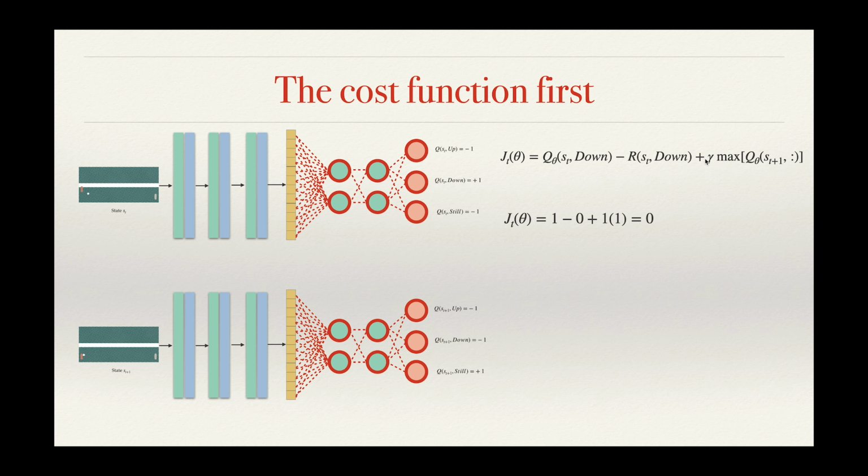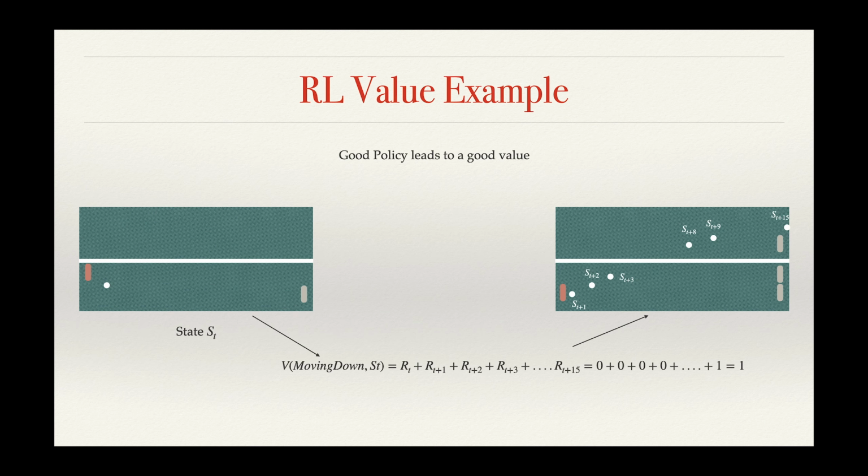Plus, let's say our gamma equal to 1 multiplied by the 1, because the maximum value that the network is predicting here is equal to 1. Why is that? Because if we hit the ball and we are staying there, then we'd score.